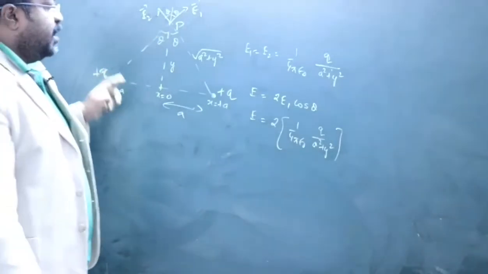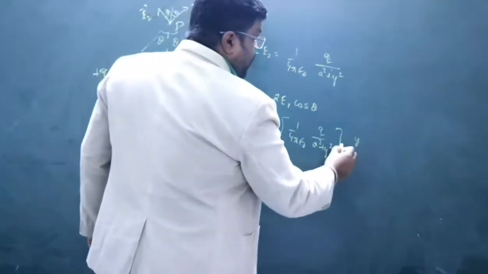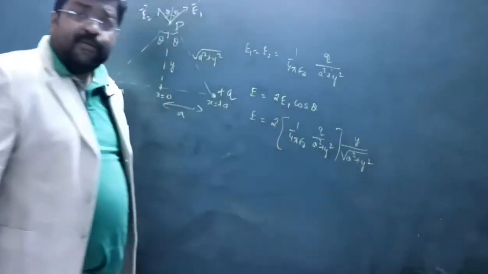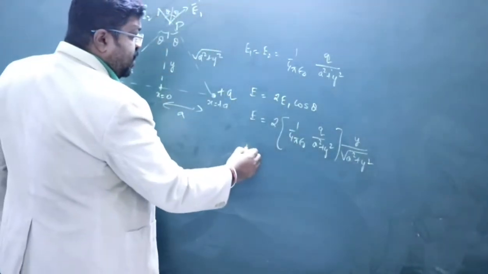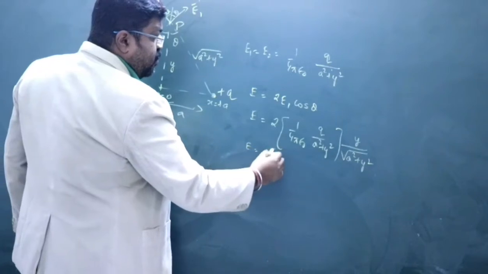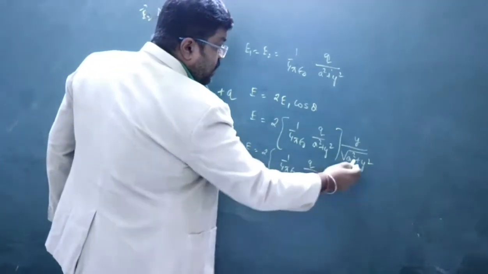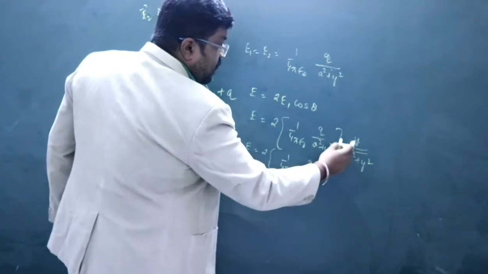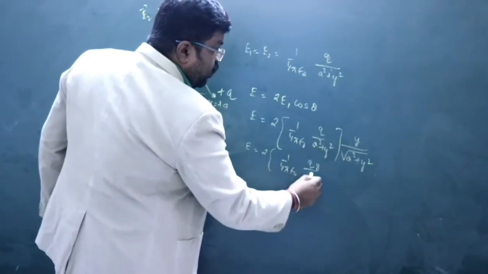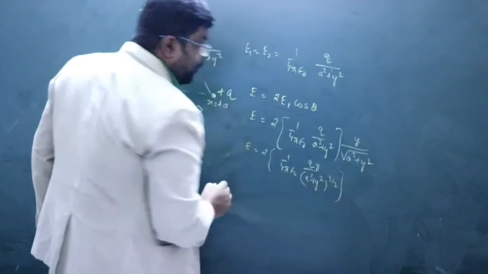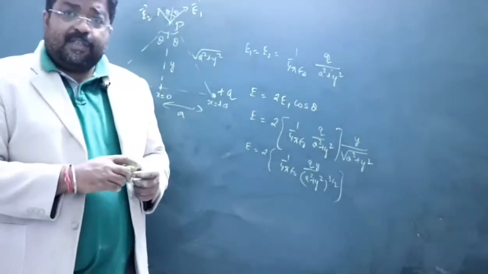Cos theta is base by hypotenuse, so that is y divided by square root of a square plus y square. Okay, so this gives E is equal to 2 times 1 by 4 pi epsilon naught q y divided by a square plus y square to the power 3 by 2.